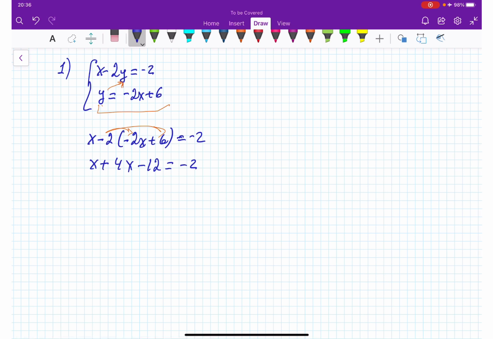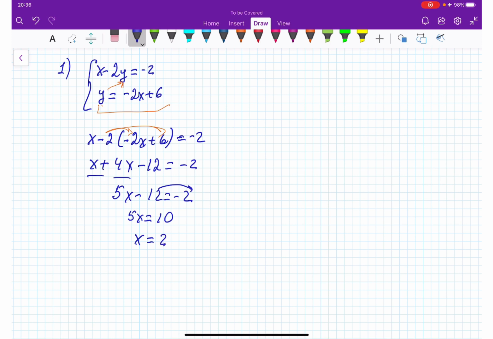Combining like terms, negative 4x and 1x, it's going to be 5x minus 12 is equal to negative 2. 5x is equal to, it's moving over, it's going to be positive 12, and minus 2 is going to be positive 10, and x is equal to 2.